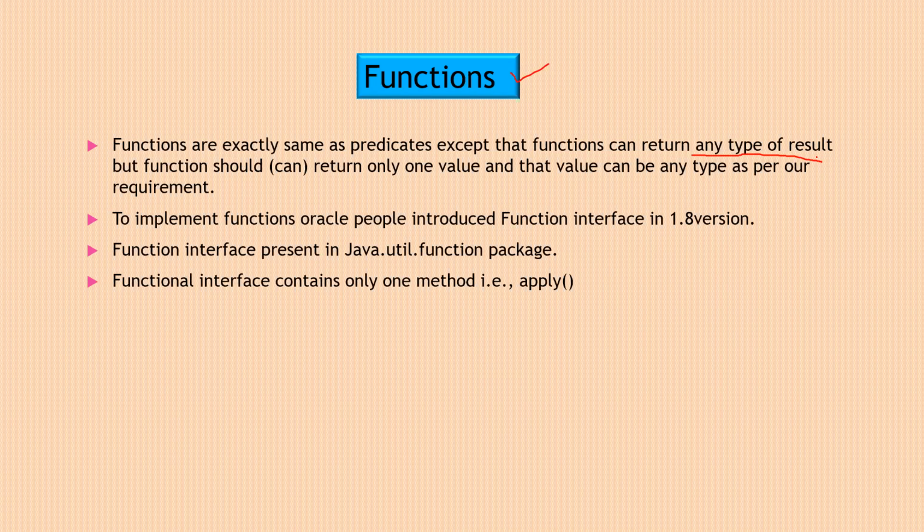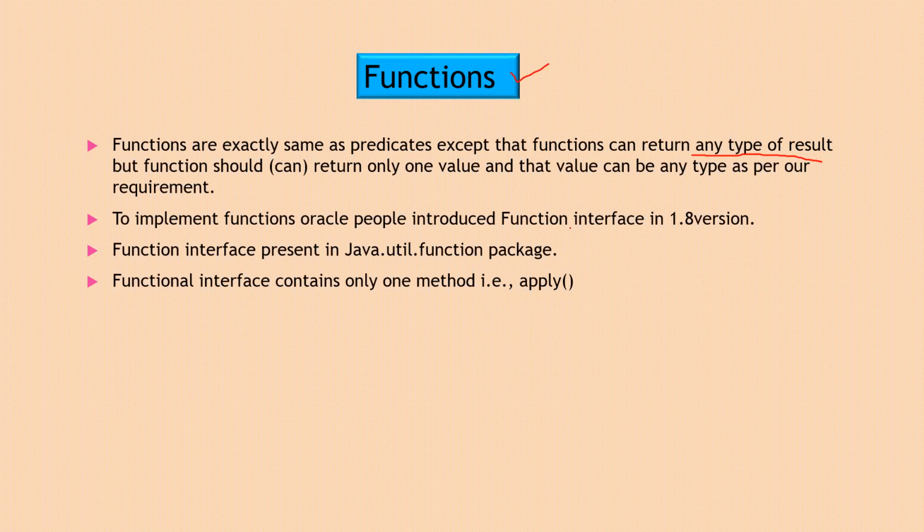Now, when I use the predicate, the return type is always boolean, but in some requirements it is not applicable for me. Maybe some guy can say, hey, I want to return integer data type. Another guy can say, hey, I want to use a string data type. Then what is the possibility? Because of that problem, functions is introduced here.